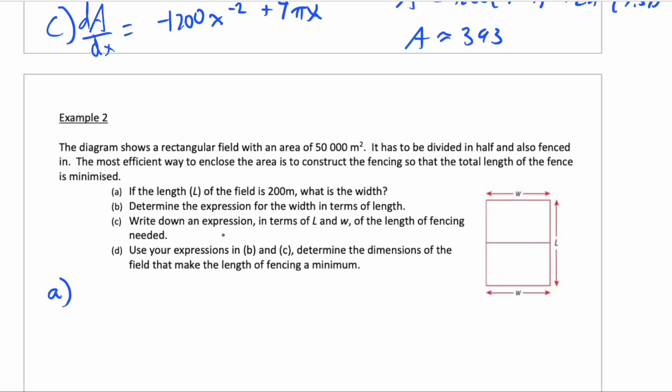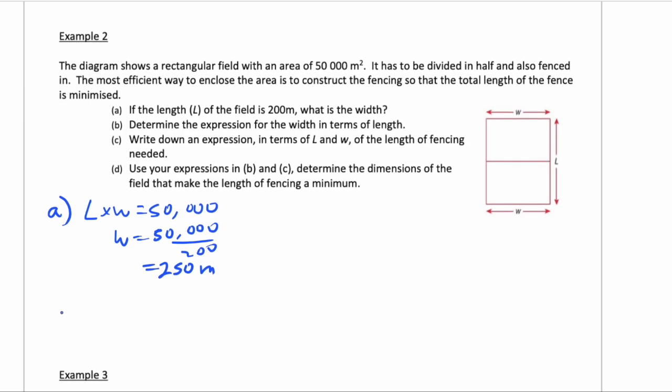If the length of the field is 200, what's the width? Well, length times width equals 50,000. So if the length is 200, the width is going to be 50,000 divided by 200, which is 250 meters.